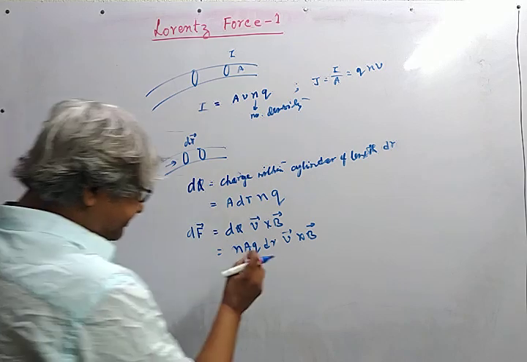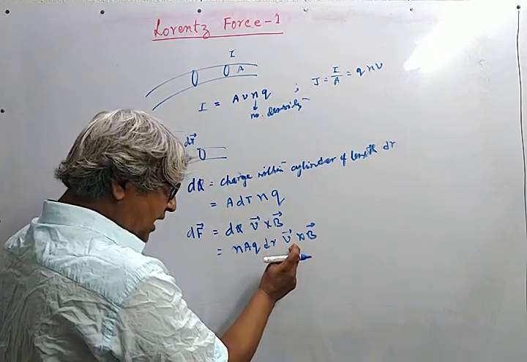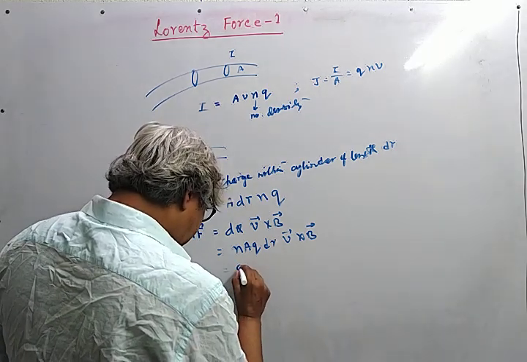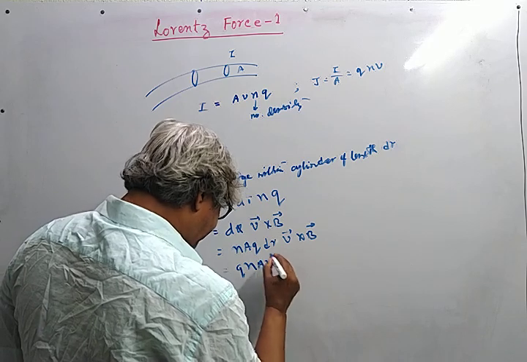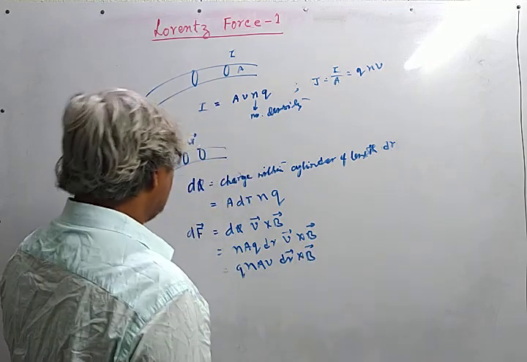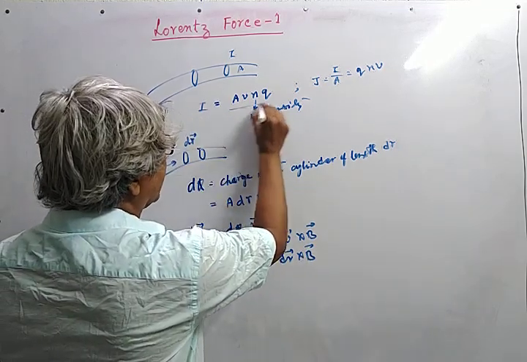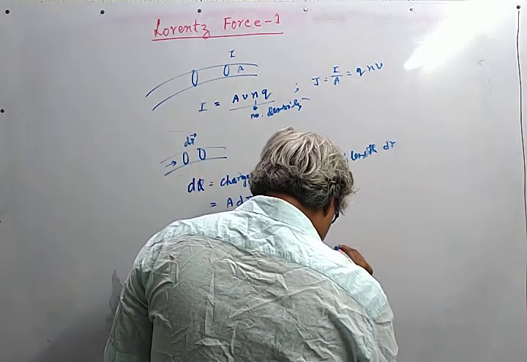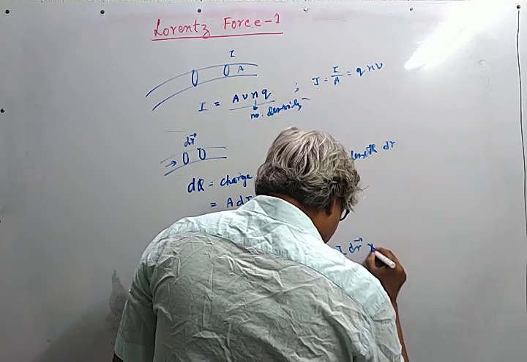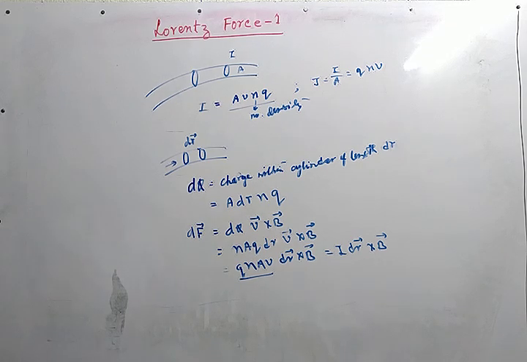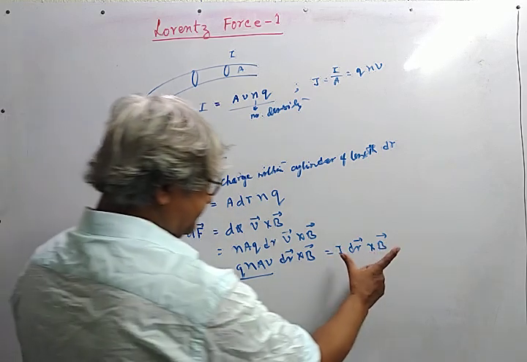So we can transfer the vector sign from v to dr. In that case, we get q n A v dr cross B. Now we obtained the relation for current, so this is nothing but the current I. So this is I dr cross B. So if a current element I dr is placed in a magnetic field B, then the Lorentz force that acts on it is this.